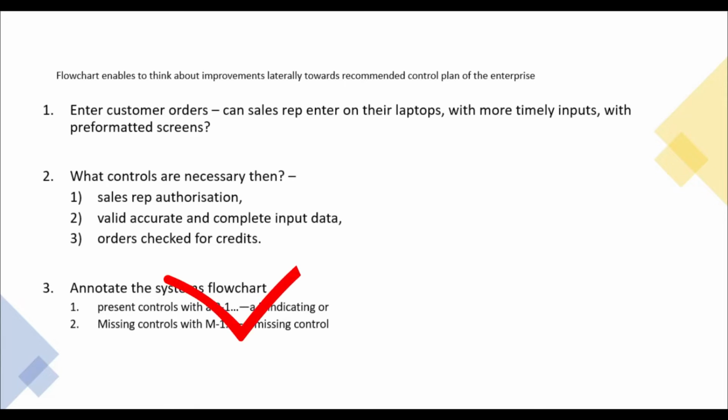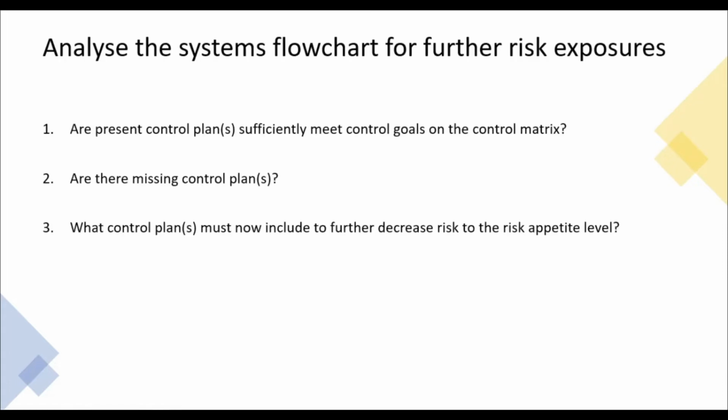We need to annotate the system flowchart to identify the present controls and then the missing controls, so that the control plan could be updated and revised to have more robust controls. We can also analyze the system's flowchart for further risk exposures.